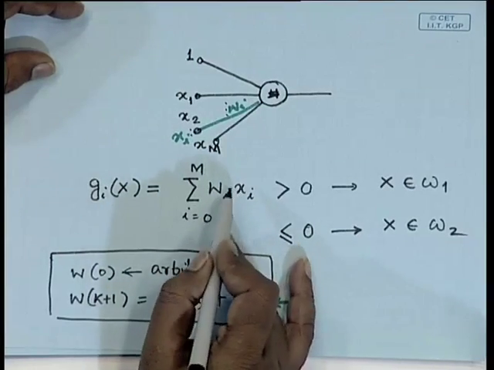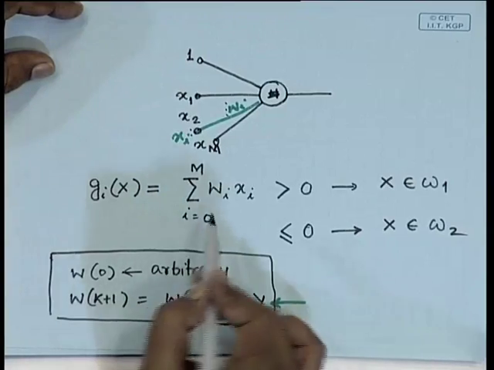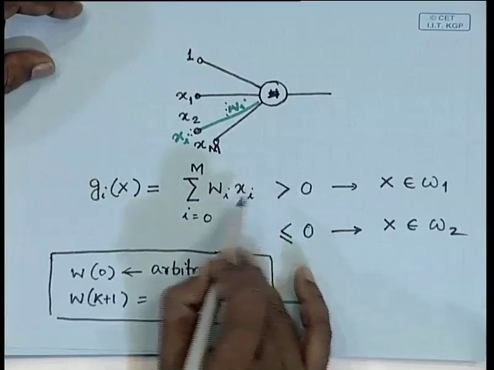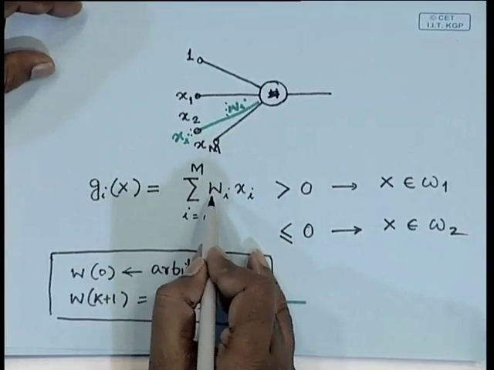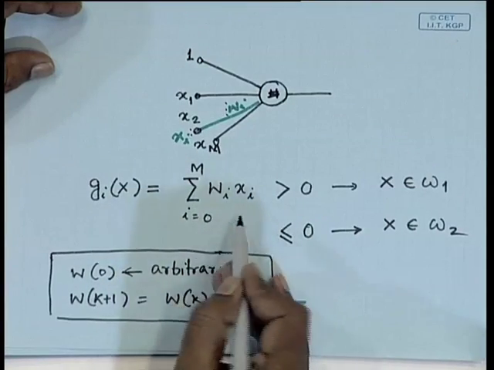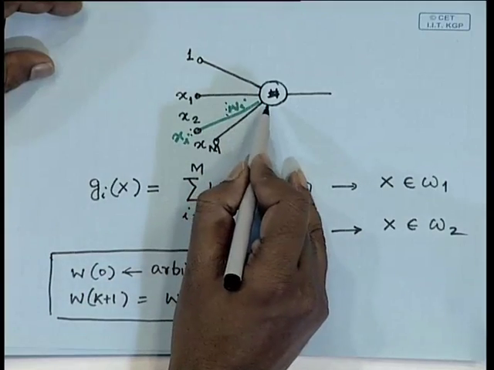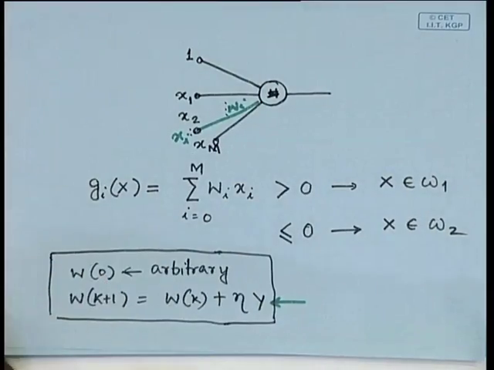This linear equation is the equation of a straight line. If a point gives a value greater than 0, it lies on the positive side of the straight line given by this equation. If it is less than 0, the point belongs to the negative side. So this single layer single output neural network divides the feature space into two half planes.